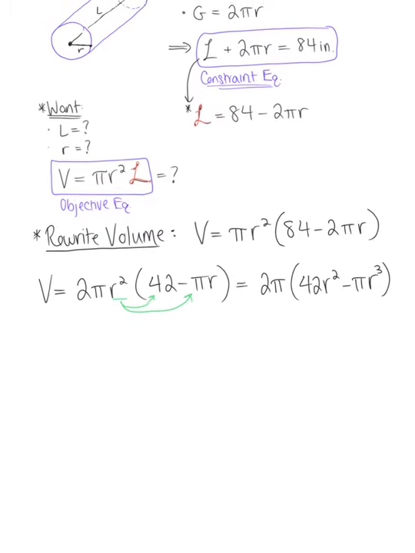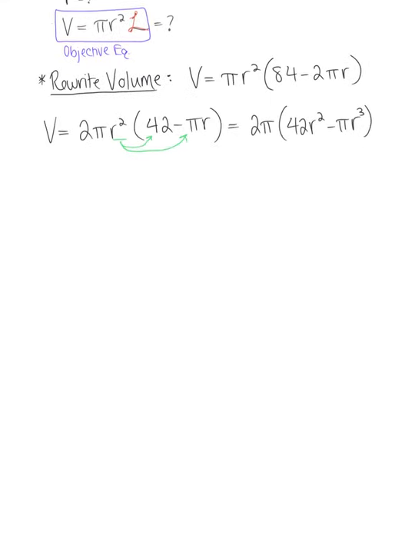And so we're now ready to go about finding the critical values. So we want to find the critical points. We recall that to do that, we need to set the derivative of volume equal to 0 and solve for r in this case.